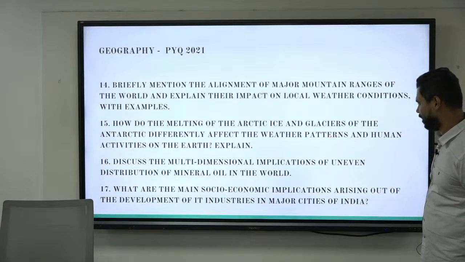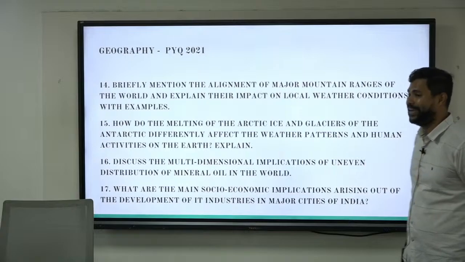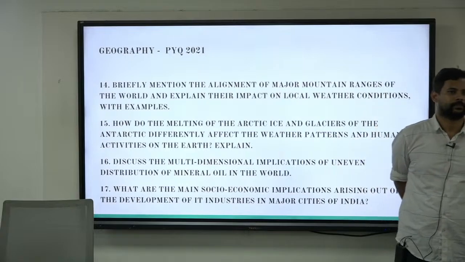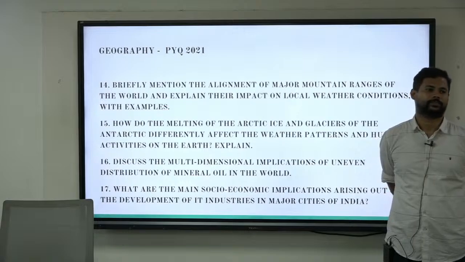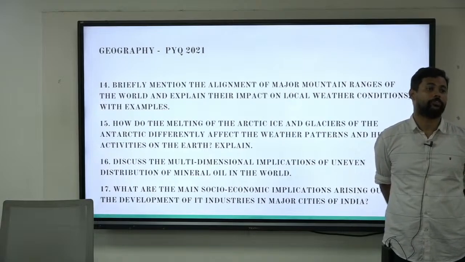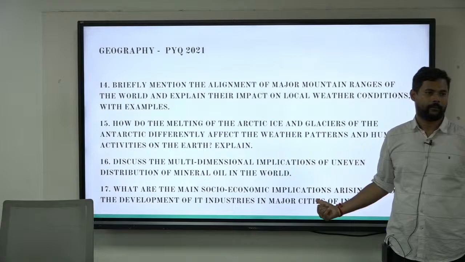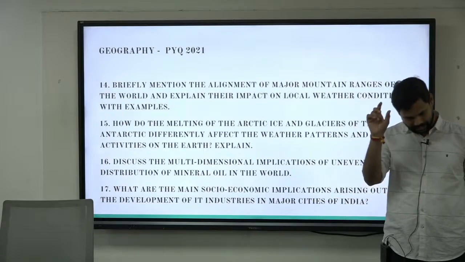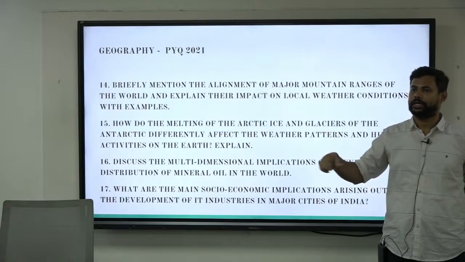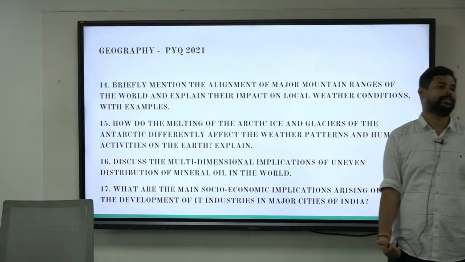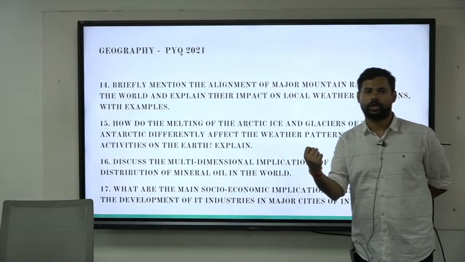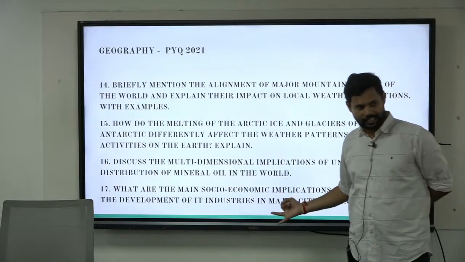What are the main socio-economic implications arising out of the development of industries in major cities of India? Yes, economic geography of India, and within that? Industries. Okay, yes, economic geography of India only. More specifically, it is to deal with industries. So you saw resources, now you are seeing industries.